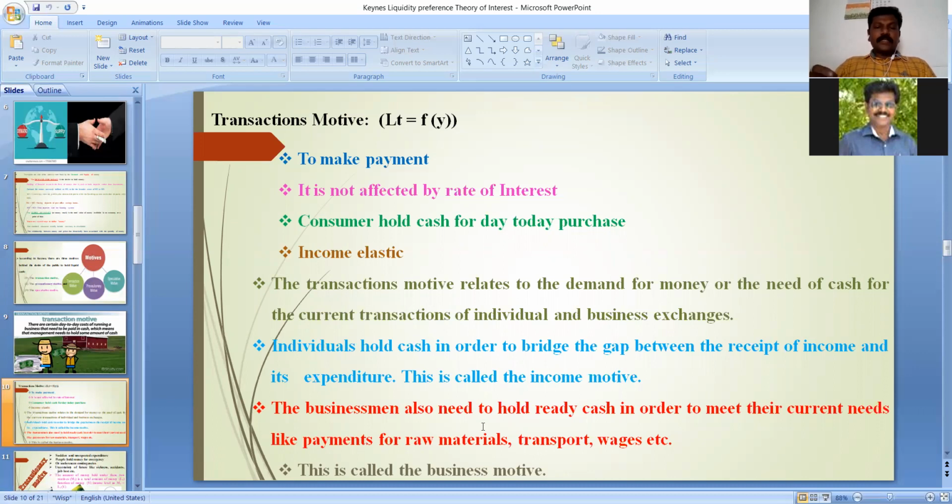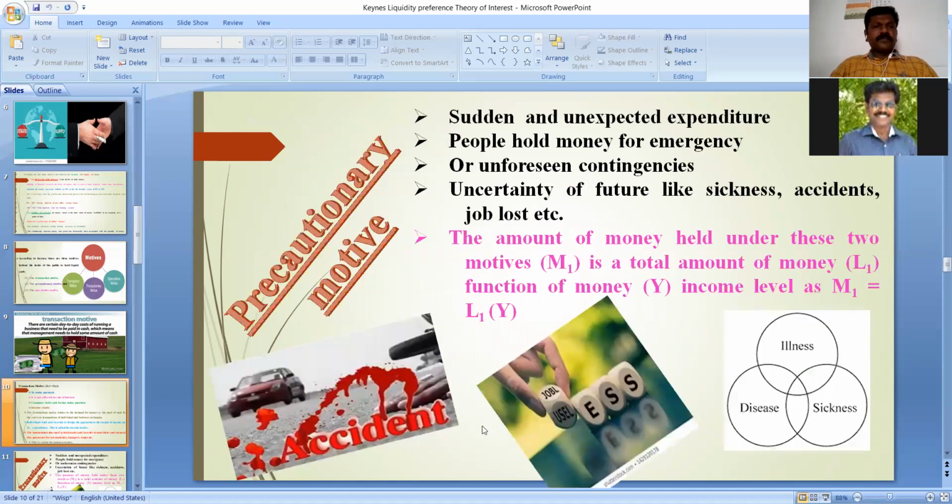Individuals hold cash in order to bridge the gap between the receipt of income and its expenditure. This is called the income motive. The businessmen also need to hold ready cash in order to meet their current needs, like payments for raw materials, transport, wages, etc. This is called the business motive.